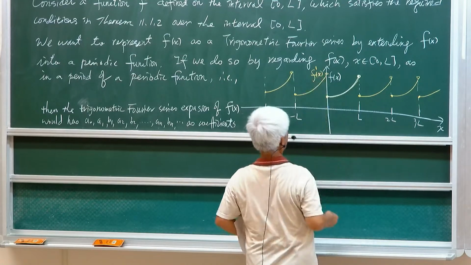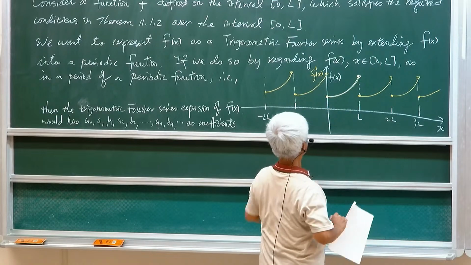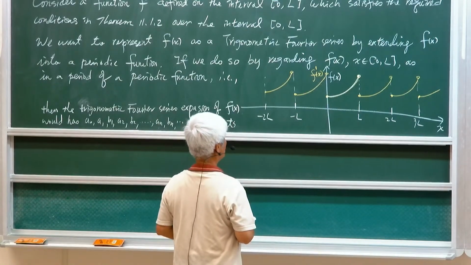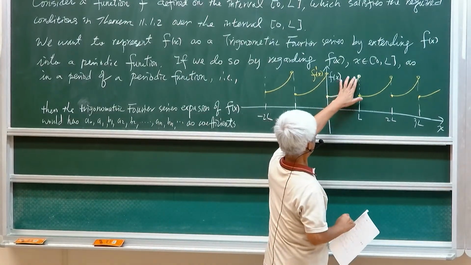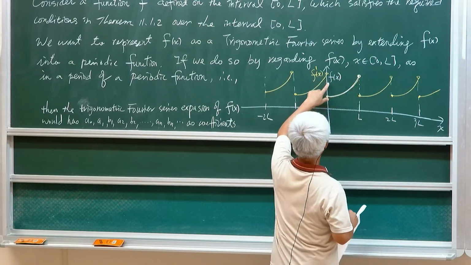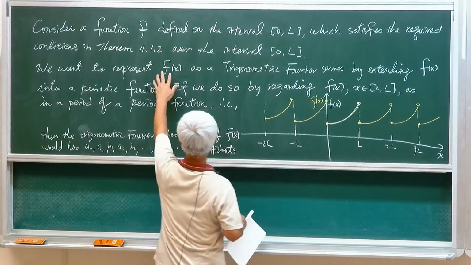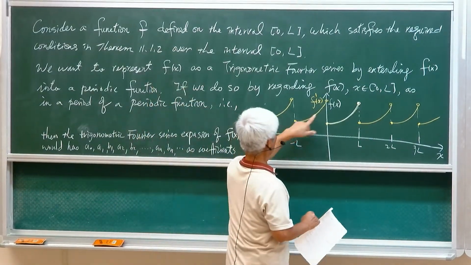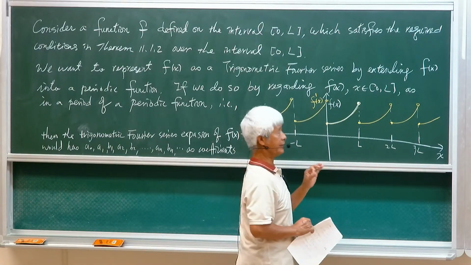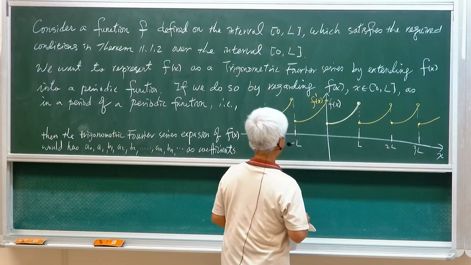In this extension, of course, the function values of the original function f at the two endpoints may not be equal. In this way, we have to sacrifice.